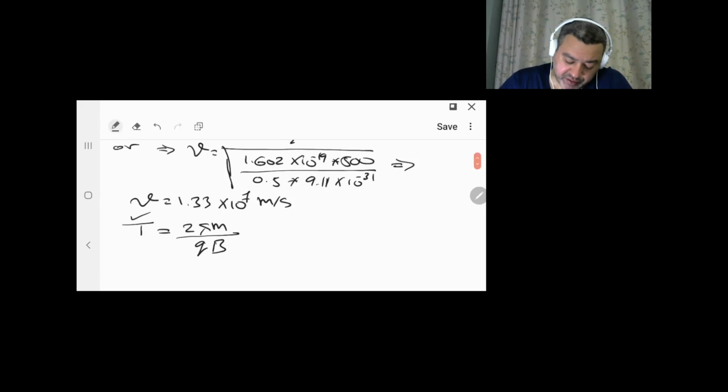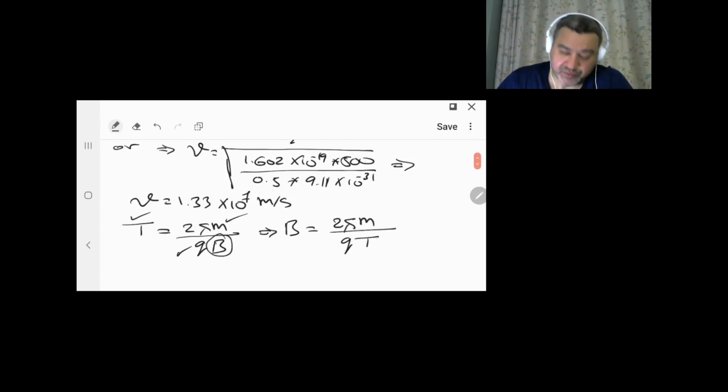I know the period, I know the mass, I know the charge, I need B. So B equals 2 pi m divided by QT. Yeah, that's the mass of the electron. If you recall, the mass for the electron is approximated by 9.11 times 10 to the power minus 31 kilogram.